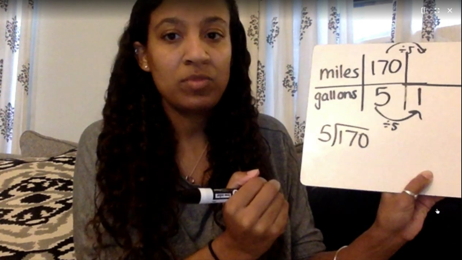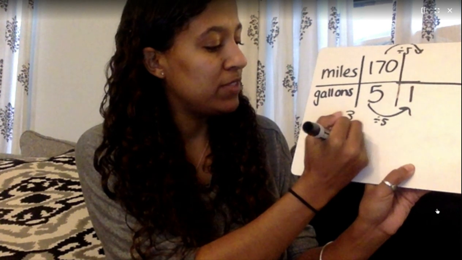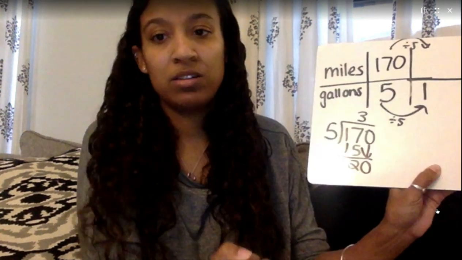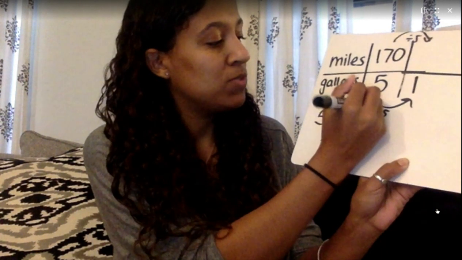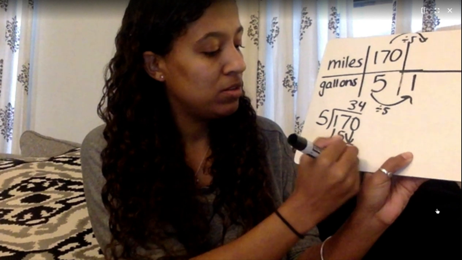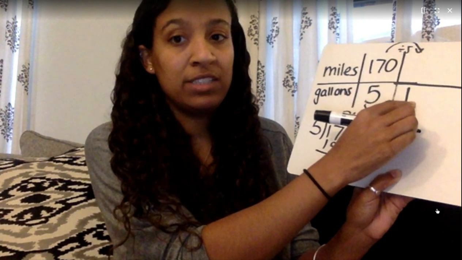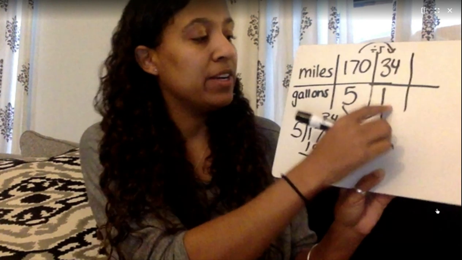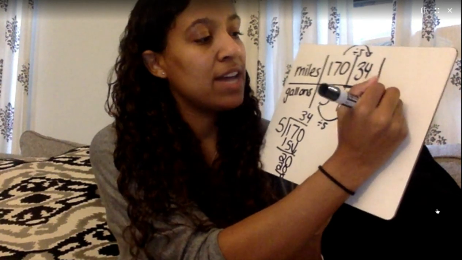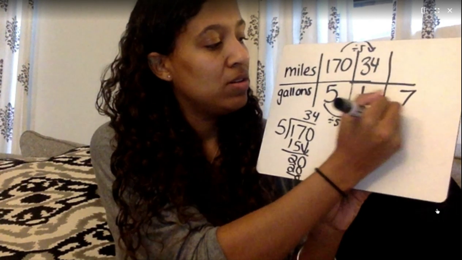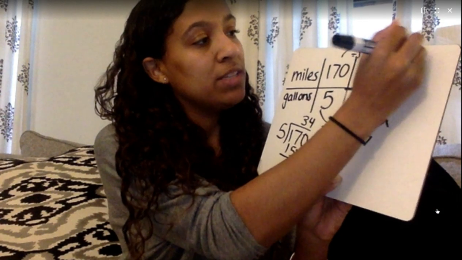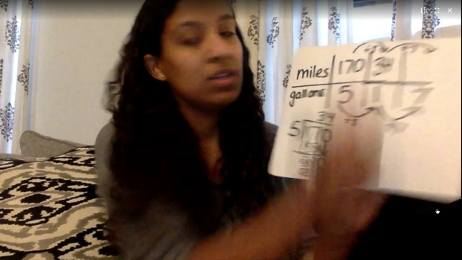5 times 3 is 15. I have 2 left over. 5 times 4 is 20. So 1 gallon is 34 miles. Now that I figured out 1 gallon, I can figure out 7 gallons. 1 times 7 gets me to 7, so I need to multiply 34 times 7.